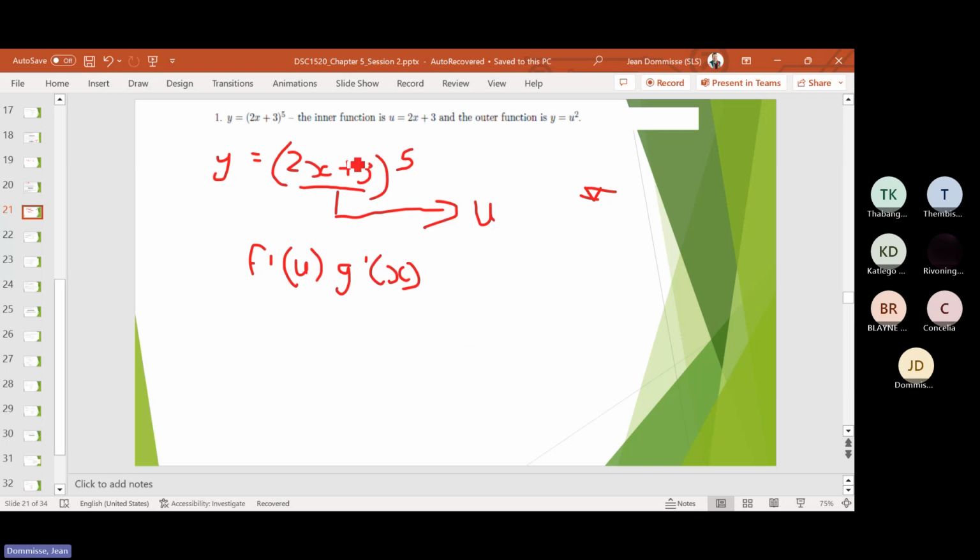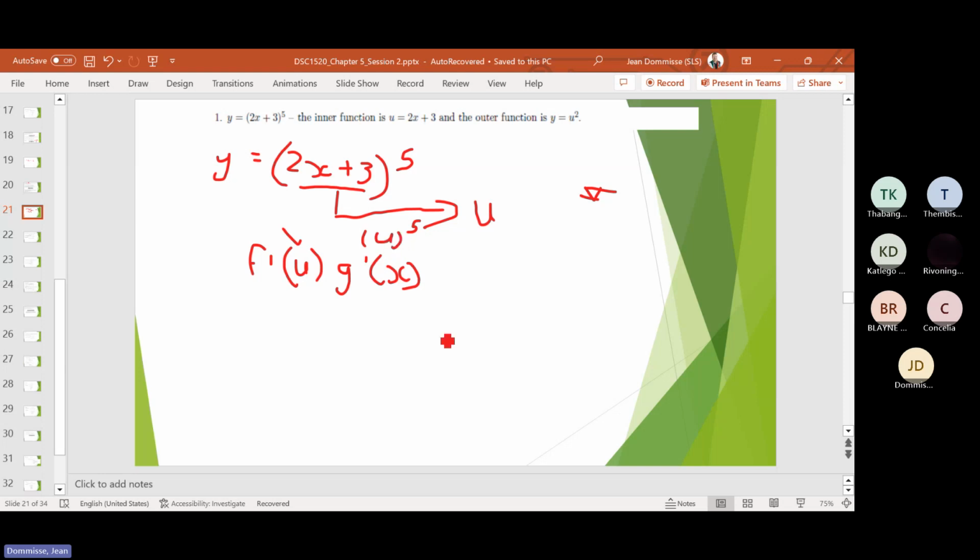So we will need to differentiate the u function, and then we will differentiate whatever that x is to the power of 5.